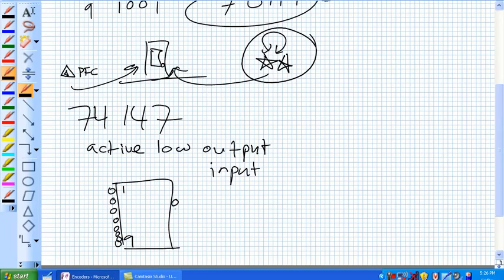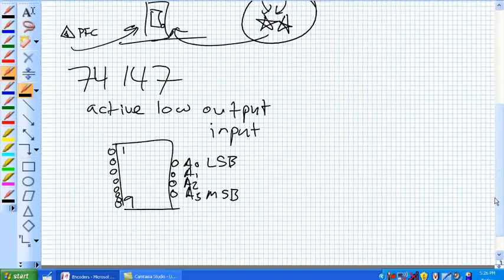Then you've got active low outputs for our high order bits, going down to our LSB. So if we want a 2 to come out, that input needs to go to 0 volts. Otherwise, it's assuming that there's no input.